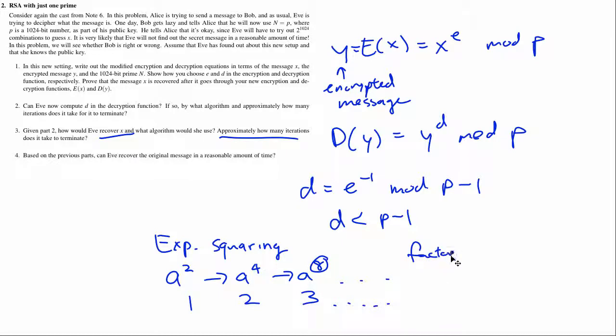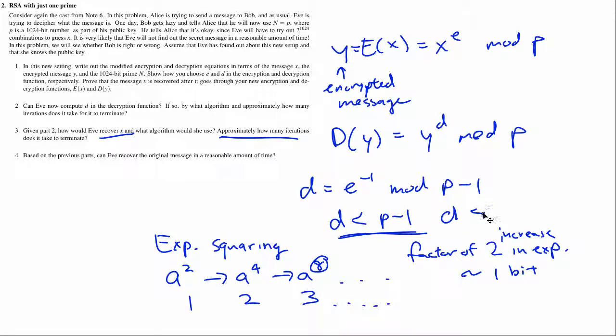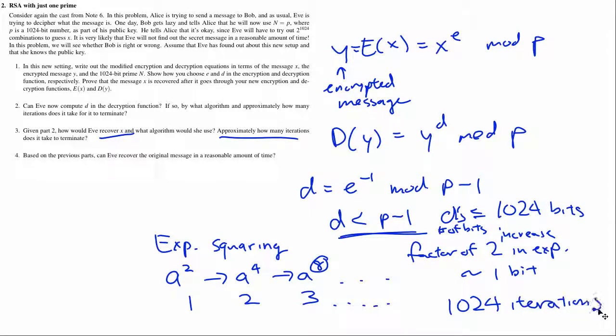So a factor of 2 in exponent increase is very similar to 1 bit. And since d is less than p minus 1, d is less than or perhaps equal to 1024 bits. D's number of bits, sorry. And so therefore, since you lose a bit for every iteration of exponential squaring, you'd need 1024 iterations. And that is the answer.